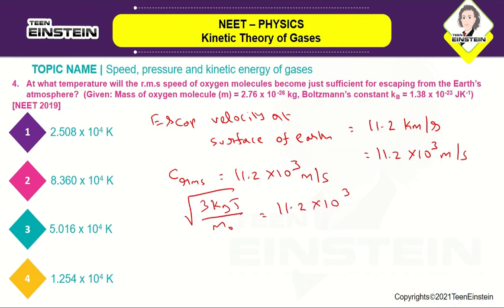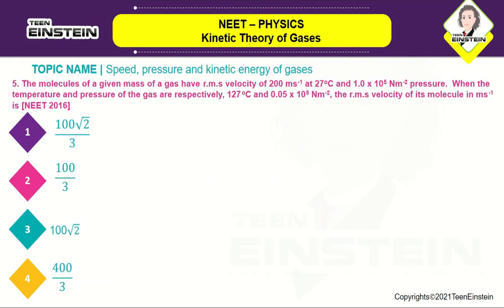So C RMS is root of 3 kBT by M naught, or you take the square of this, it will become 3 kBT by M naught.